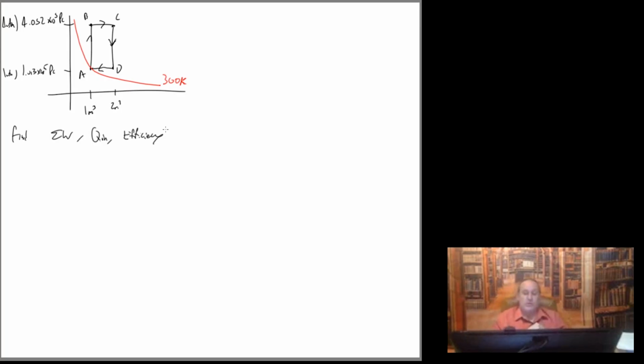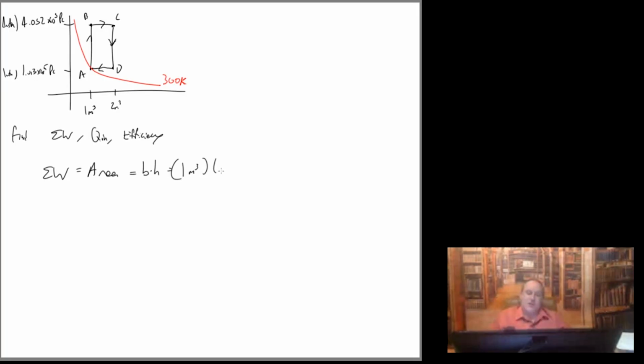Okay, so first of all, network is the easy one. That's just the area. It's going clockwise, so it's a positive area. And that's the base times the height. So the base is just 1 cubic meter times the height from 1 atmosphere up to 4 atmospheres, which is 3 atmospheres.